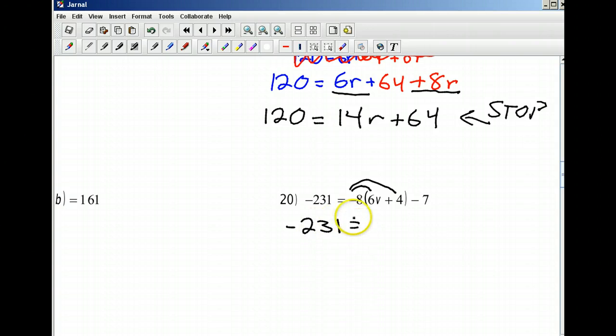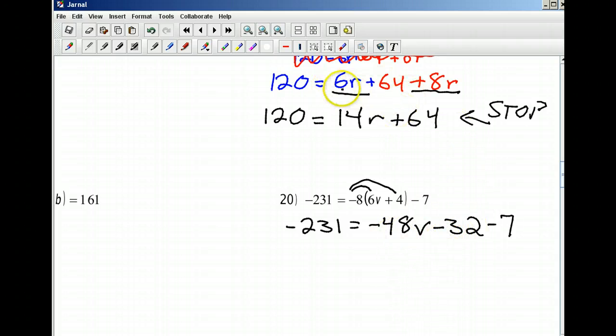Negative 8 times 6 is negative 48. V. Negative 8 times 4 is negative 32. And then minus 7.